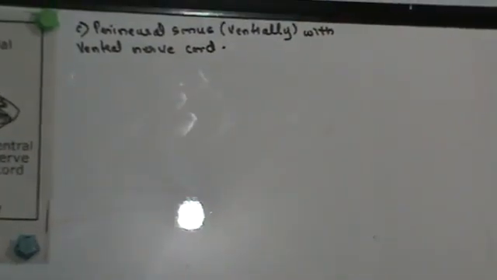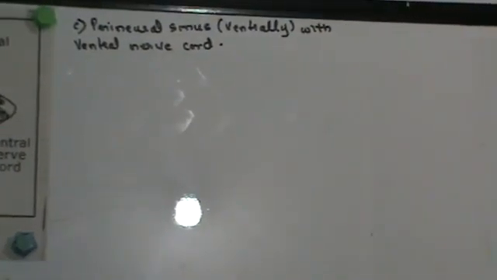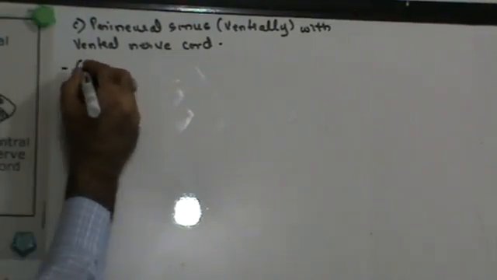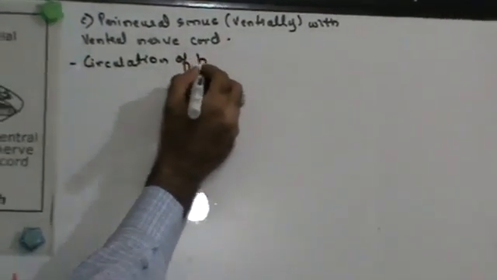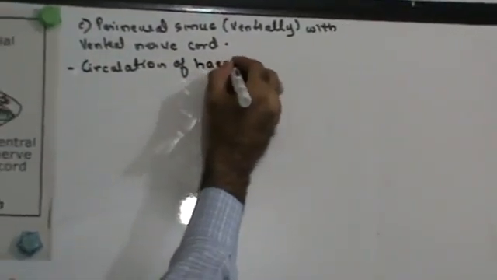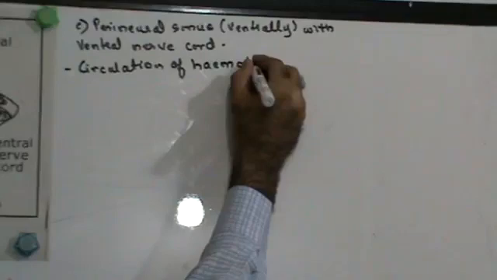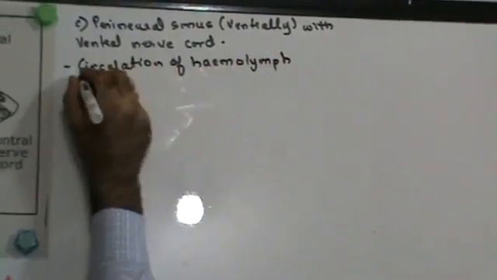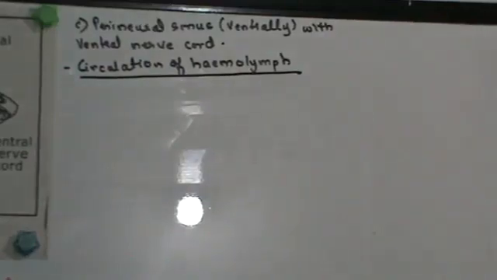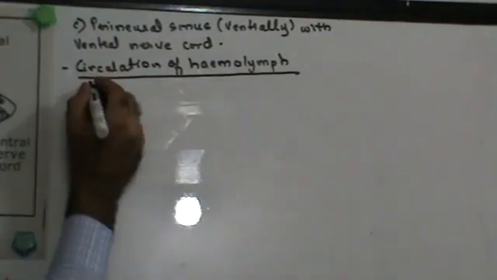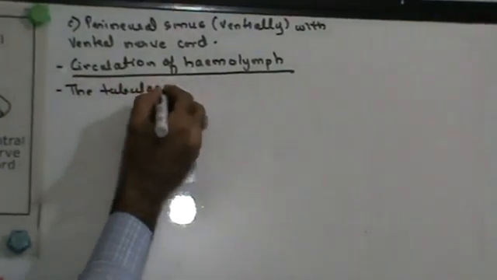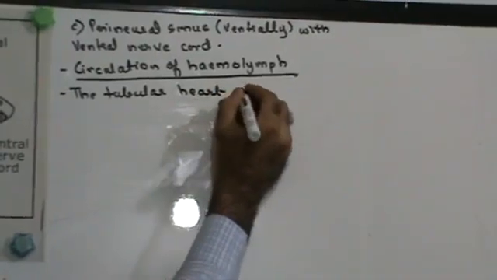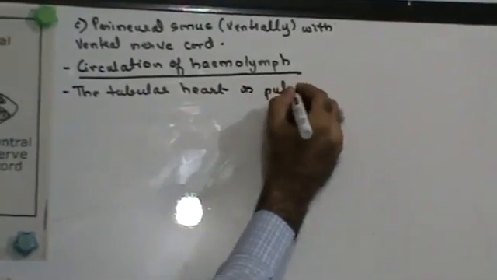Now, let's see how the circulation of hemolymph takes place in a cockroach. First, it all starts from the heart. The tubular heart is pulsatile.